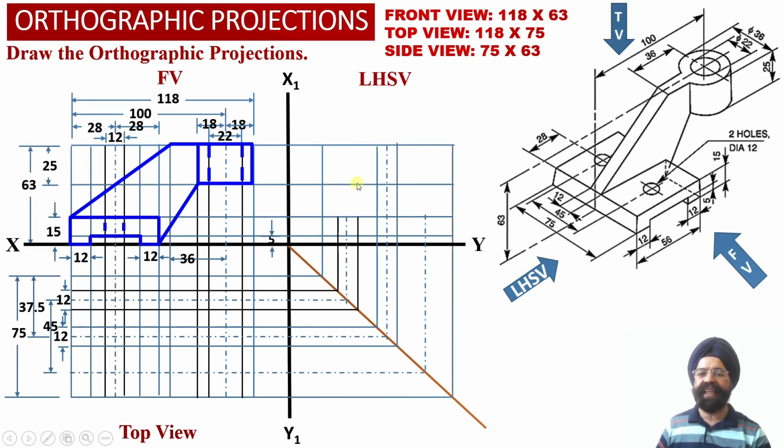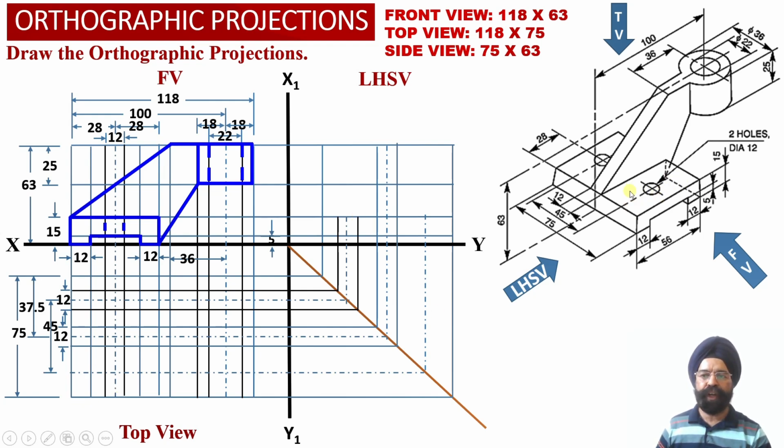We haven't extended these two black projector lines up to the top because we know that this circular hole is available into the horizontal web which has height equal to 15 millimeter. So we have taken these two black projector lines up to the top surface of this horizontal web only.